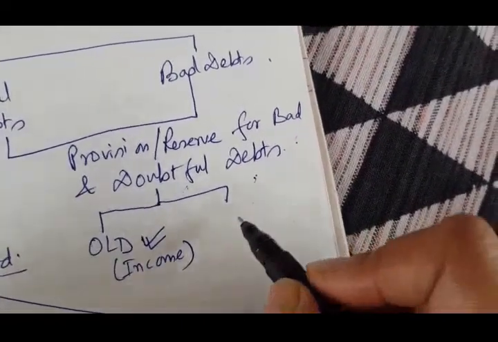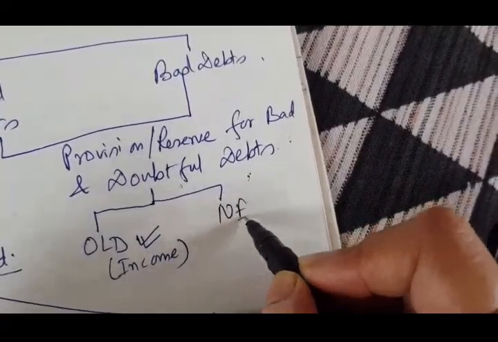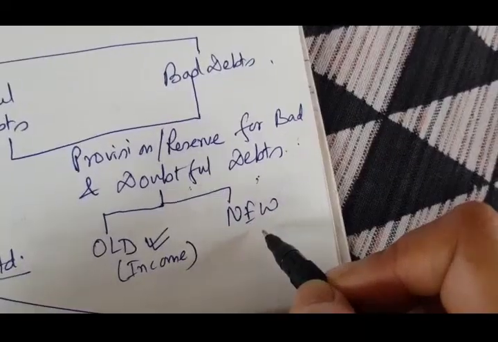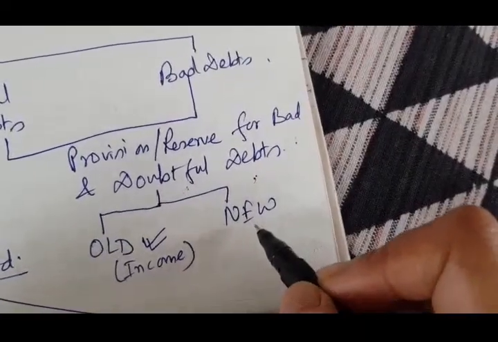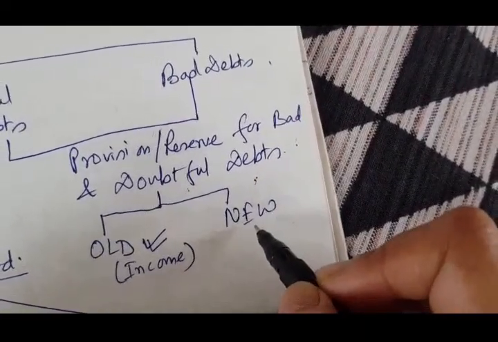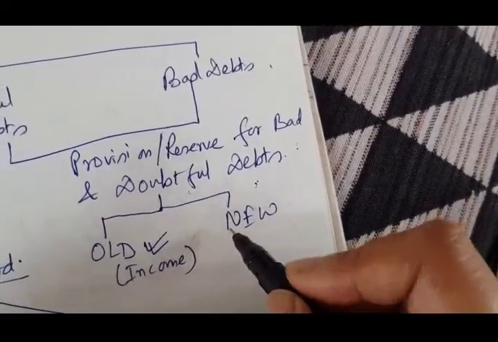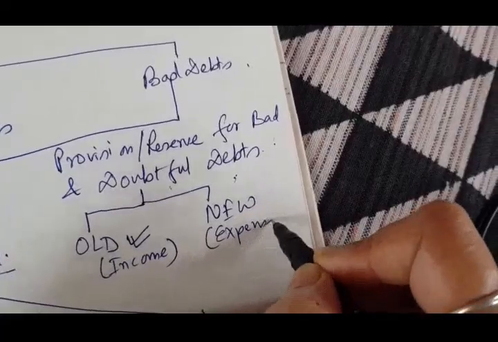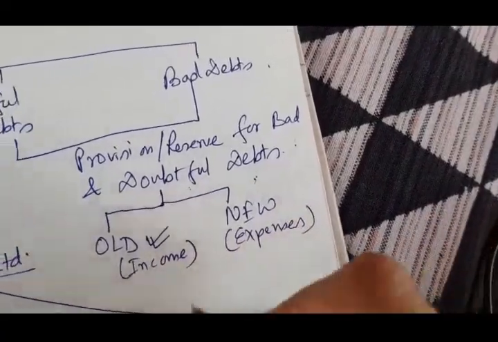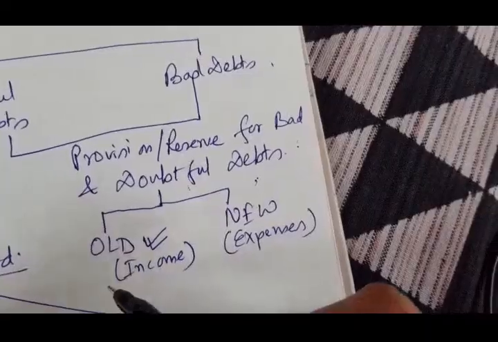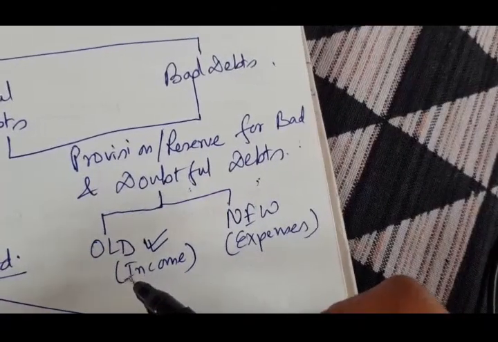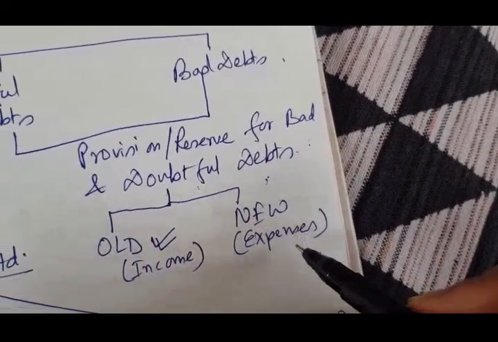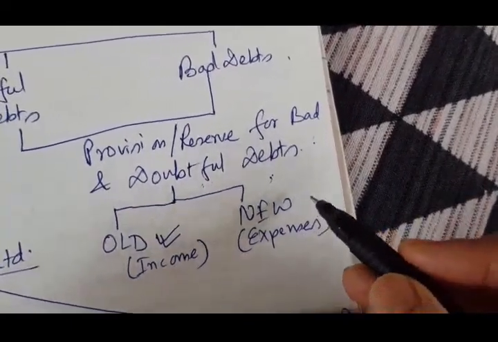And the provision which we are creating for this year is called the new provision. We create the new provision this year to compensate for the probable losses. This creation of provision is considered an expense of this year. Understood? So the old provision means the remaining balance of last year, which is considered this year's income, and the new provision is a new one which we are creating now. So this is your expense.